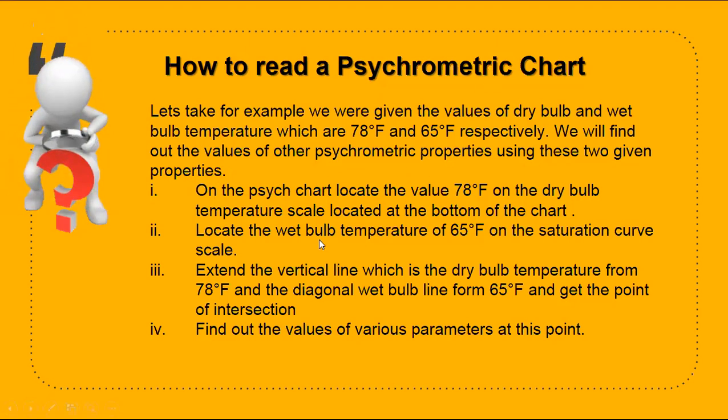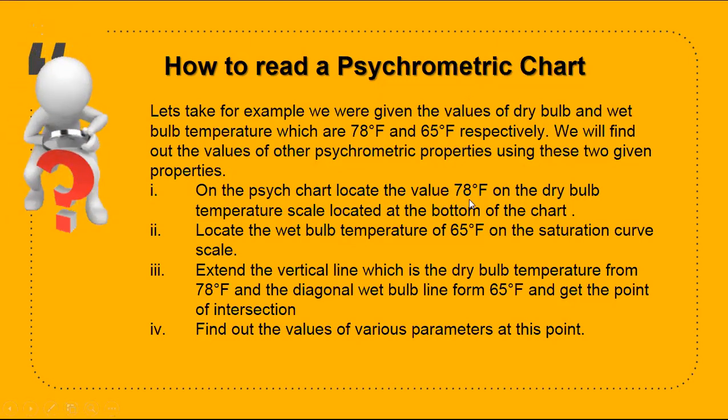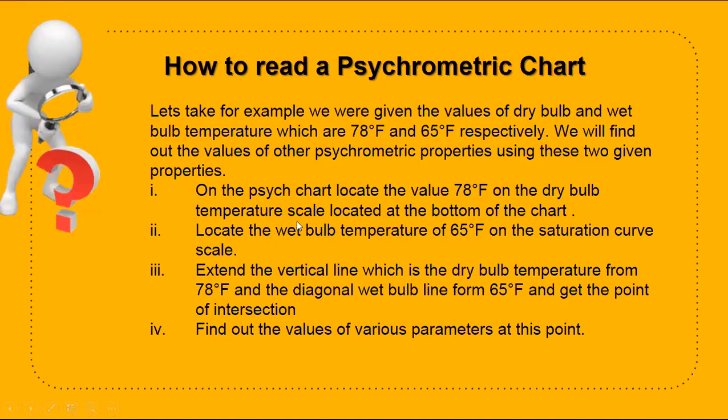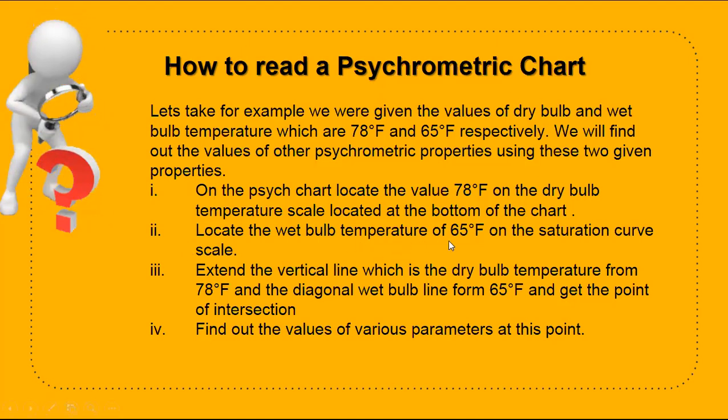So the first thing that you are to do on the psychrometric chart is to locate the value of 78 degree Fahrenheit on the dry bulb temperature scale. It's located at the bottom of the chart that I have shown to you a while ago. Anyway, I will show to you a different chart next to this slide. Then you locate the wet bulb temperature of 65 degree Fahrenheit on the saturation curve.